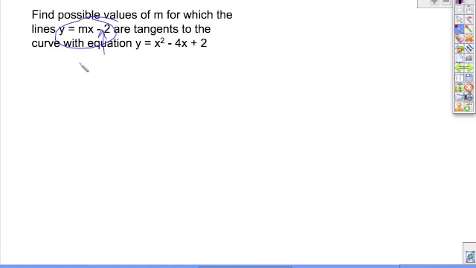So this is a little bit similar to the last problem in that we want to find the intersection point. So x squared minus 4x plus 2 equals mx minus 2. We want to find where they're intersecting. So again, we're going to get it equal to 0.